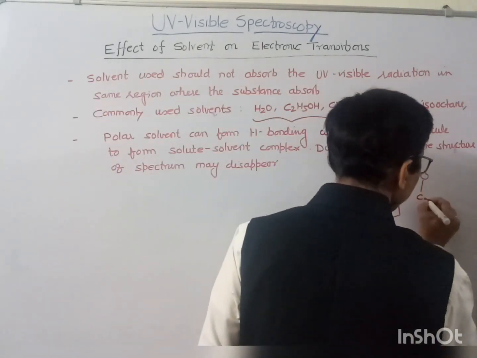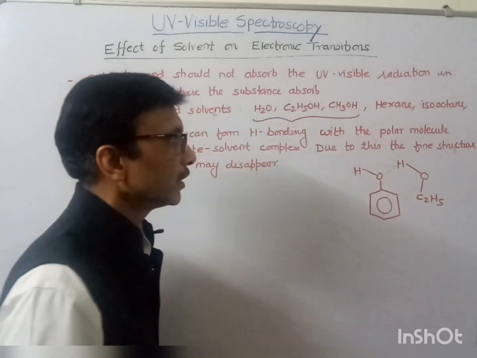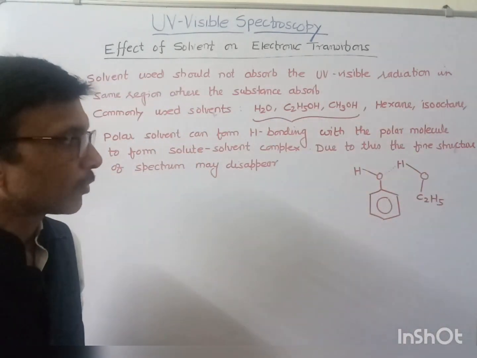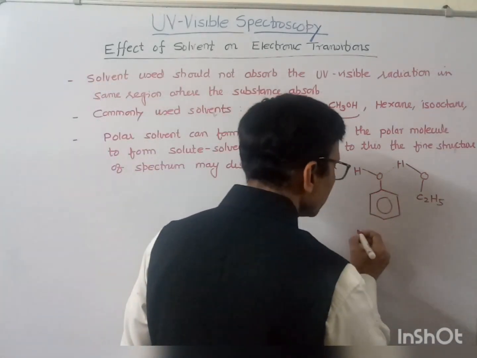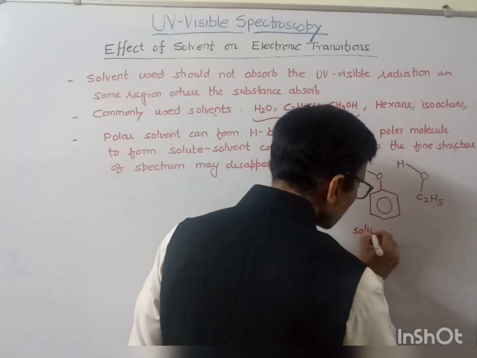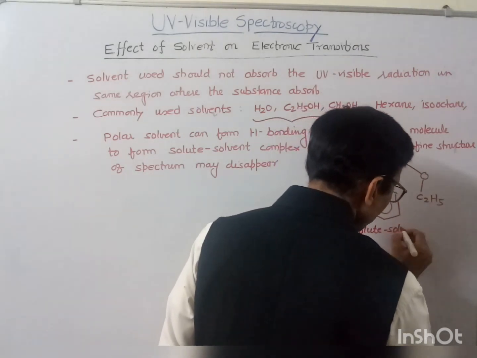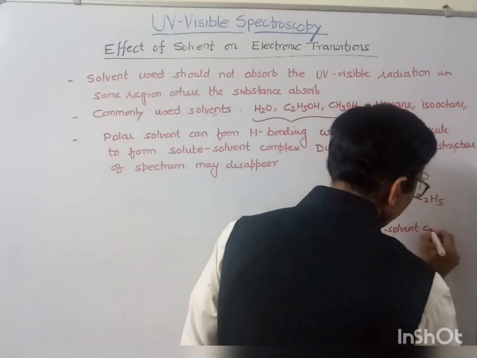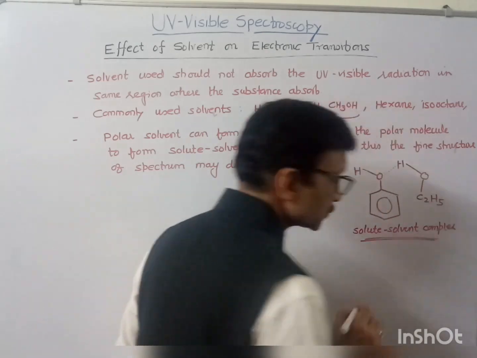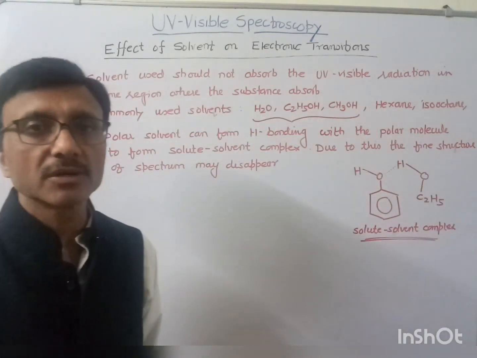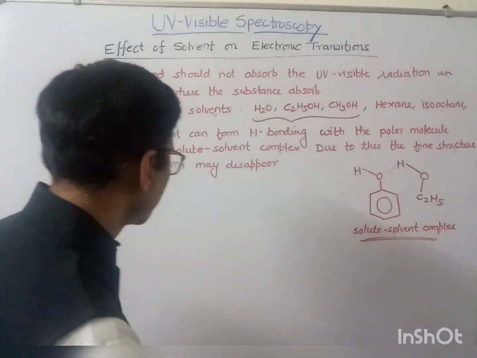C2H5OH is forming the hydrogen bonding with the phenol, and due to this hydrogen bonding, a solute solvent complex is formed. Once this solute solvent complex is formed, the fine structure of the spectrum may disappear.